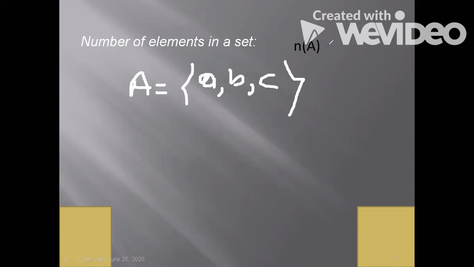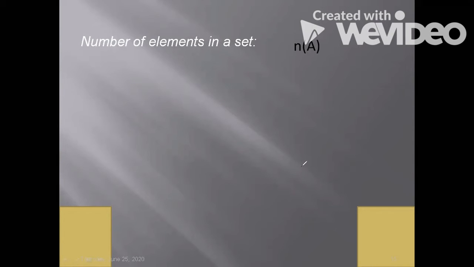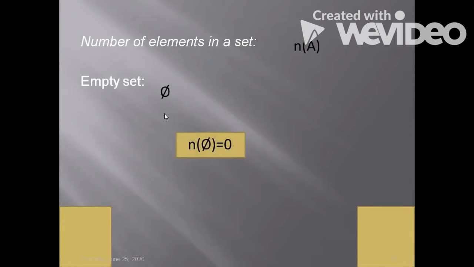So this means that the number of elements in set A is equal to 3. We have the empty set, which is represented by a 0 with a cross. There are no elements in the empty set.